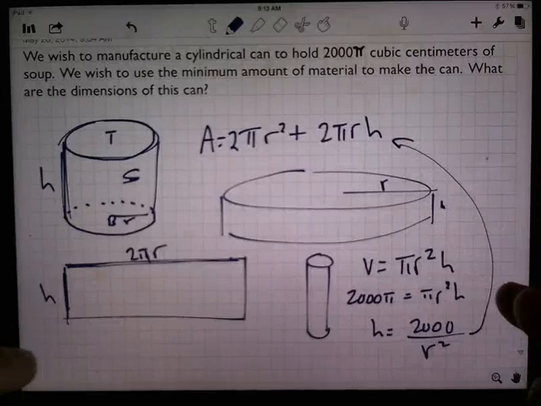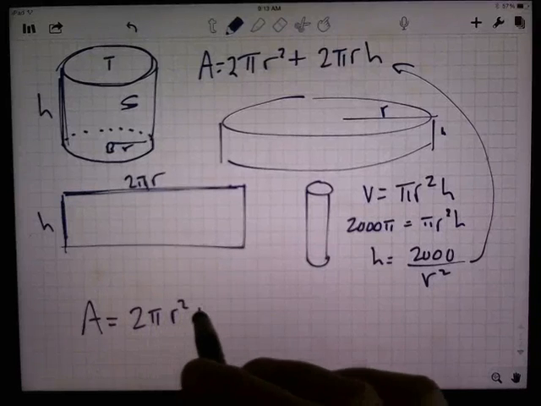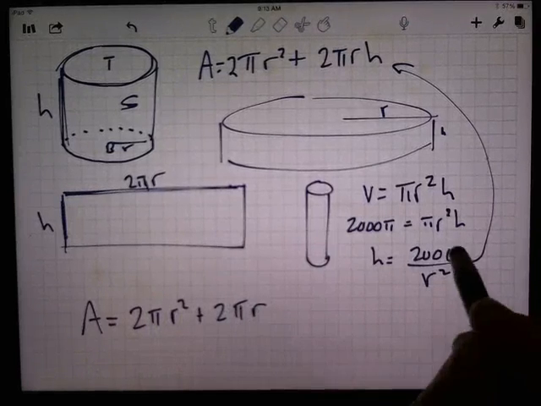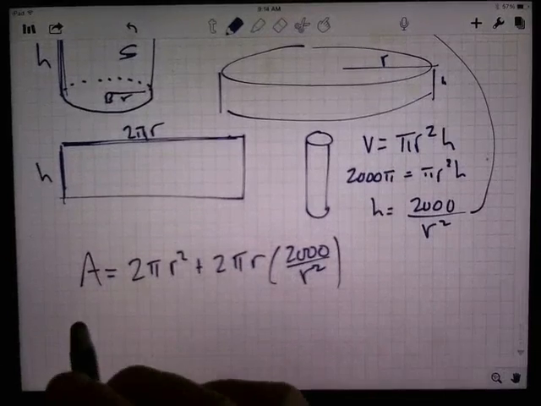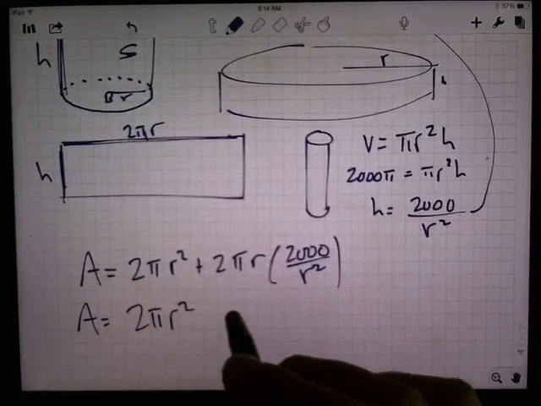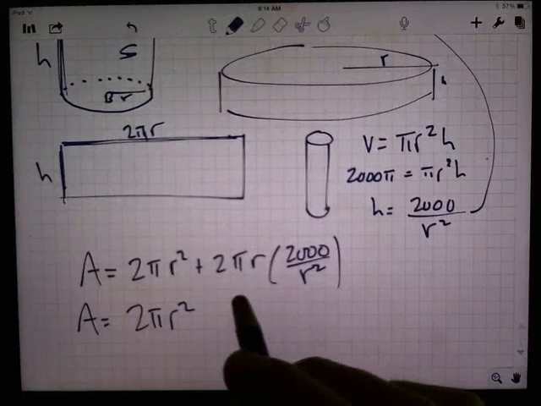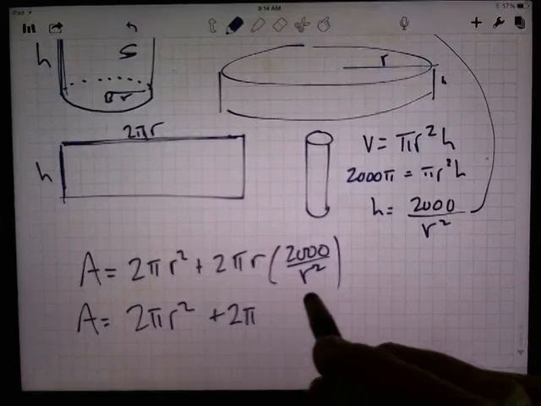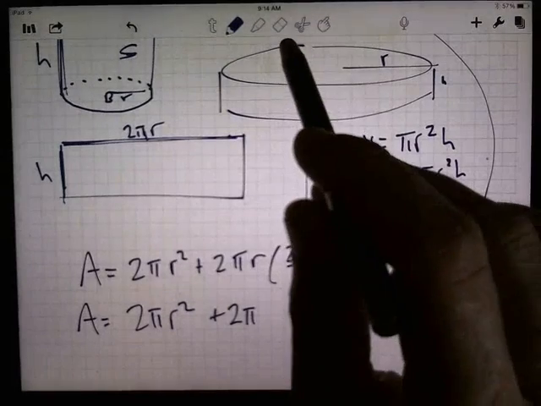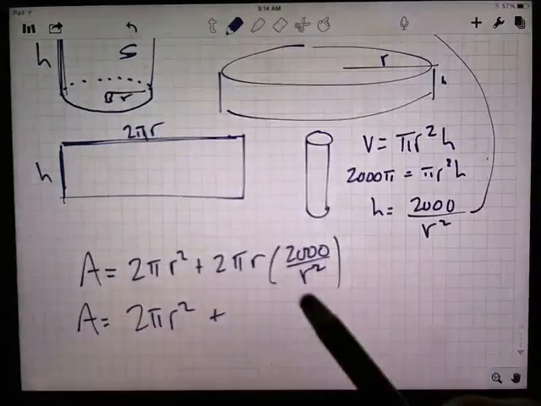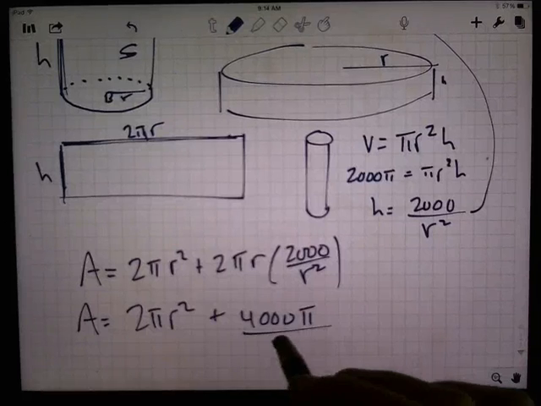Then I can plug that in to get that my area is 2 pi r squared plus 2 pi r times h, which is 2,000 over r squared, which I can simplify a little bit. 2 pi r squared plus 2 pi, the r's cancel out... sorry, something is not happening like I thought it was going to, but anyway, 4,000 pi over r.